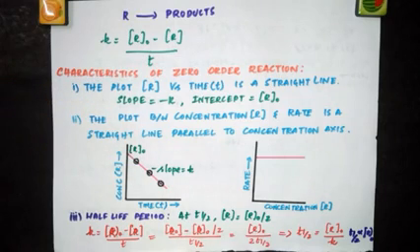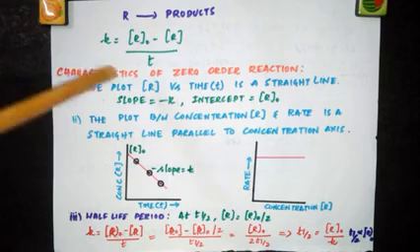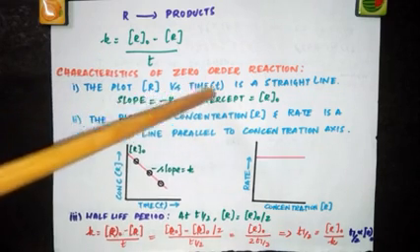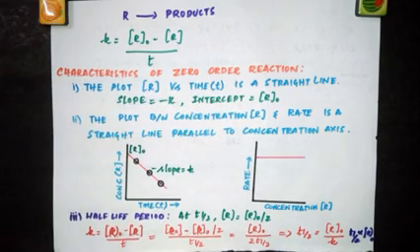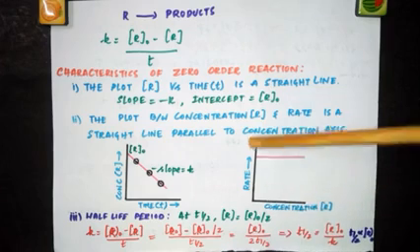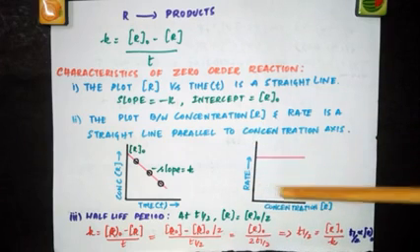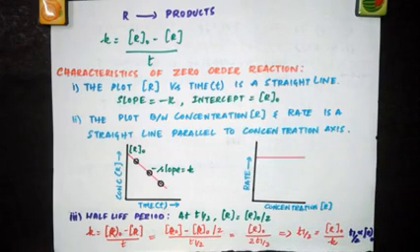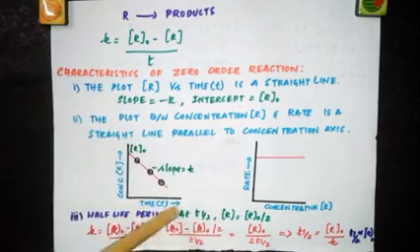Now the first characteristic of zero order reaction. When you draw a graph by plotting the concentration of the reactant versus time, then you will get a straight line. Look at this graph. This is drawn between concentration of the reactant and the time taken.